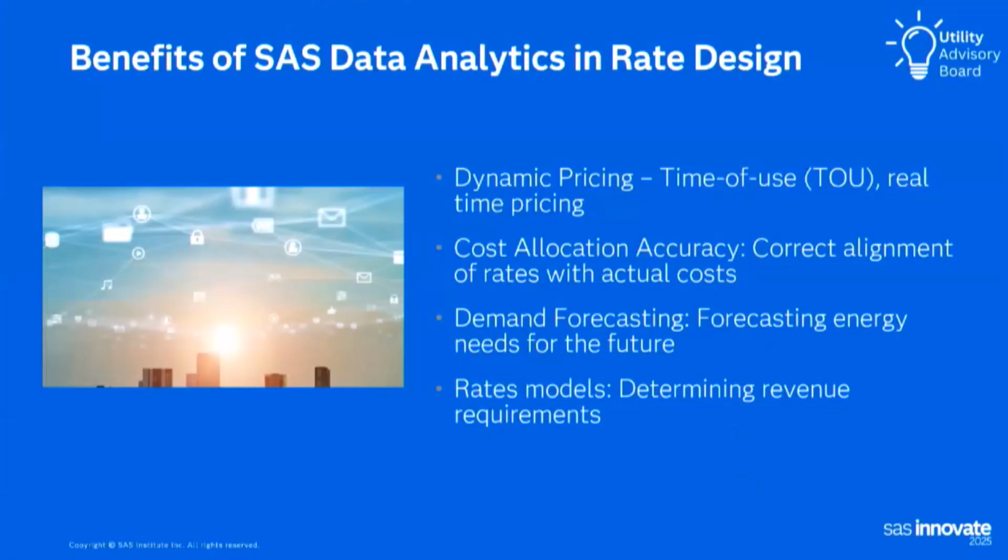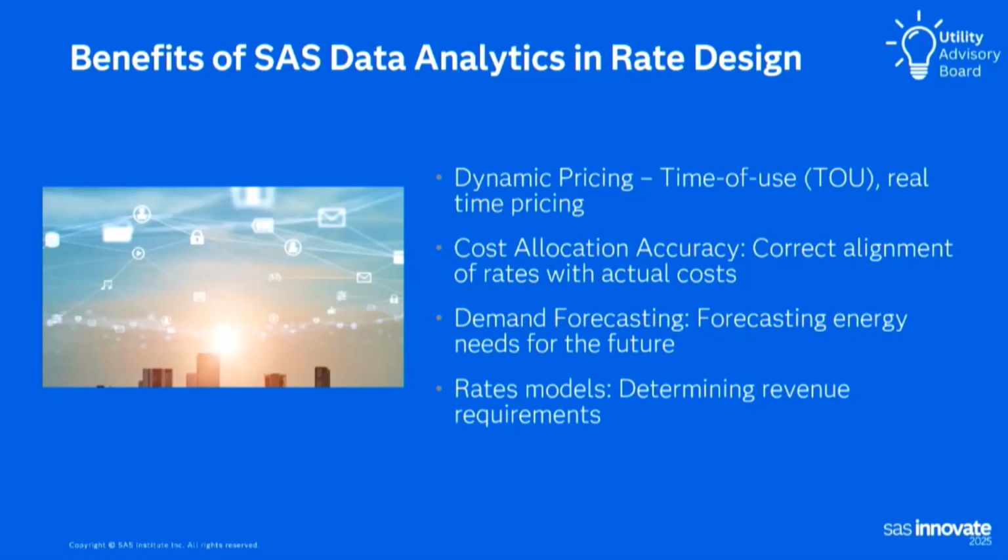All of this data feeds into advanced analytics that are transforming how we design rates. Using SAS, we're able to process large volumes of data efficiently, uncover key usage patterns, and apply sophisticated modeling techniques that drive more equitable rate structures.